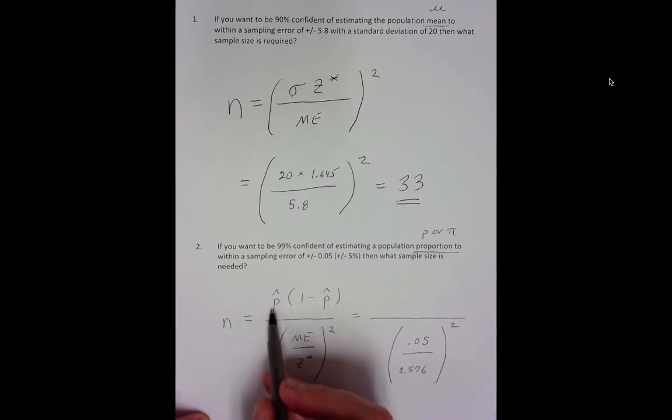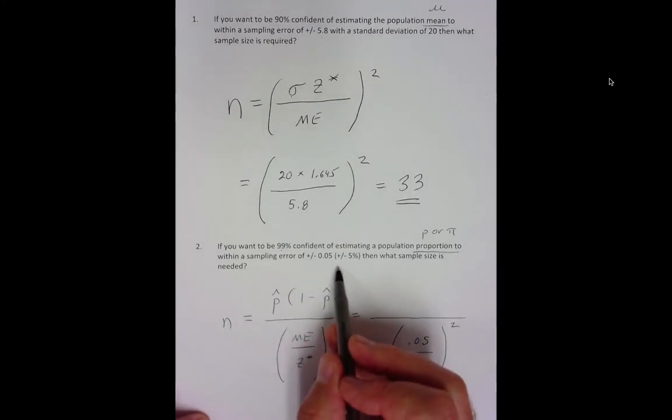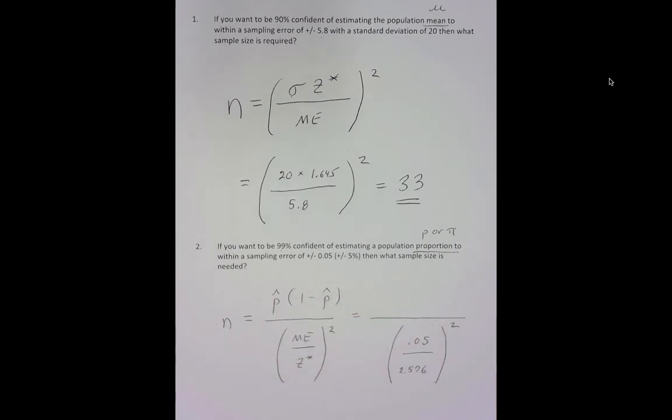Now P hat is the sample proportion. We go into our problem and we think, oh crap, what's going on here? All the other problems that Dr. Darbro's given me as an example have been embedded in some real life problem, but this one doesn't have any additional information about a prior study.